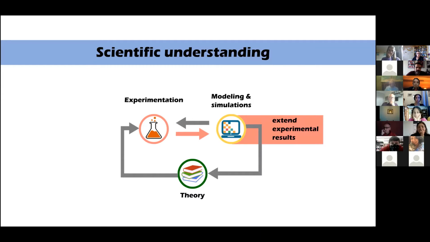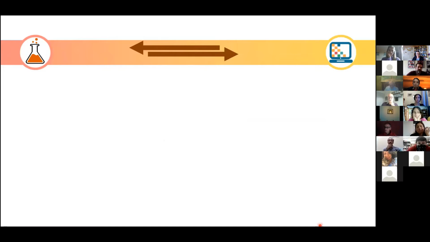Once we have achieved good predictions, we can extend the experimental results beyond the conditions they were primarily generated in. So the most effective way to get good predictions is to use experimentation to guide modeling and simulations, and the modeling simulations to guide the design of experiments.